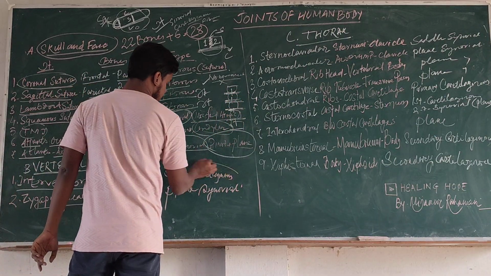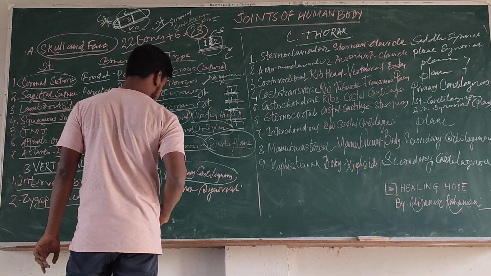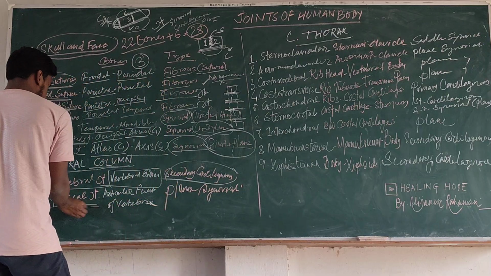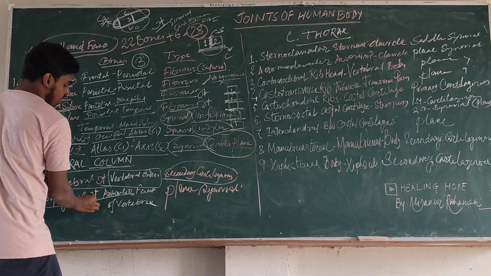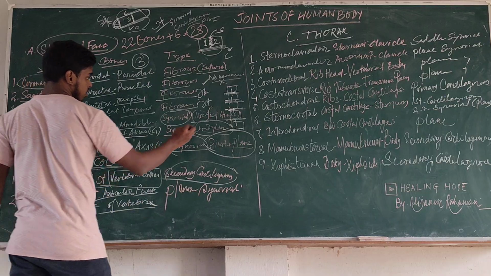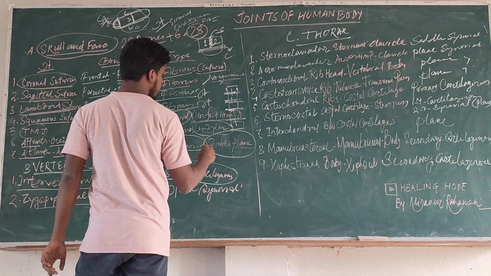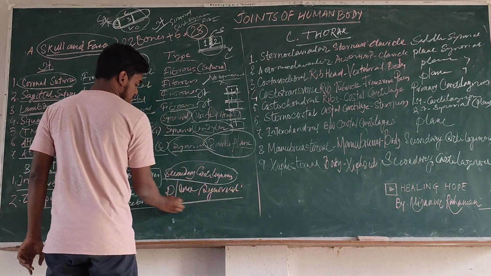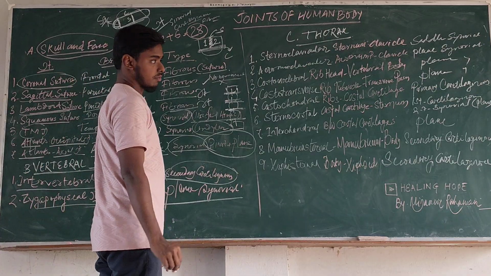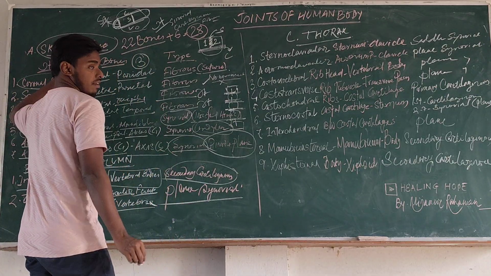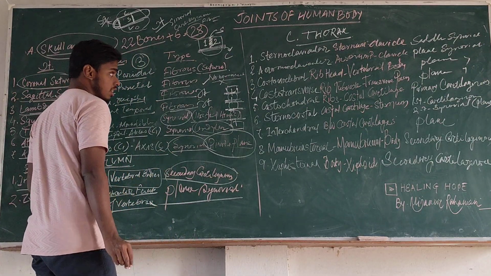And these ones are secondary cartilaginous joints. And zygapophyseal joint, these are the articular processes of the vertebra. And this is also a plane synovial joint. So we have covered the skull joints and the vertebral column joints.